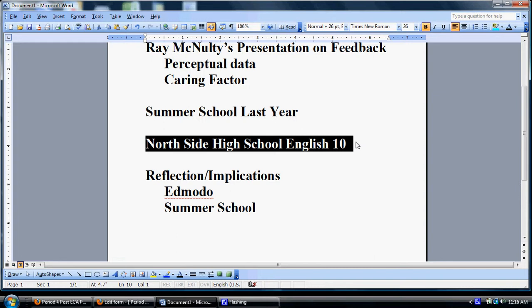Coming back to the academic data, my first and second period classes, when we did the tests at the beginning of the year, did poorly on reading comprehension and writing and those types of things. And by the end of the year, they were doing a lot better, but even then, as a teacher, you go, that's not enough.